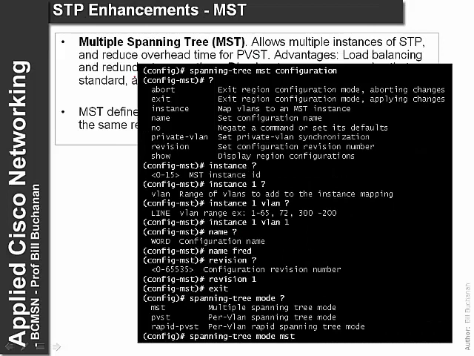So we can see here the configuration of MST, and for this we define an instance number and the VLAN, and then we apply it on to the whole of the switch with spanning-tree mode mst.